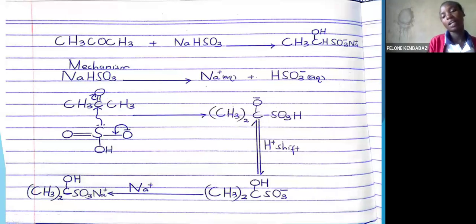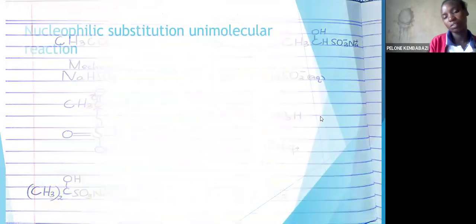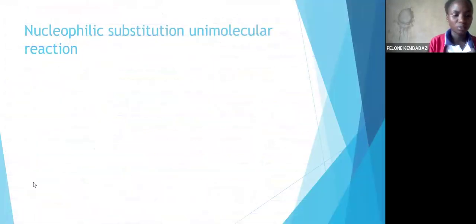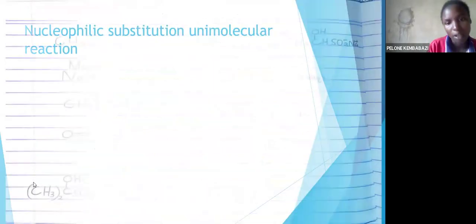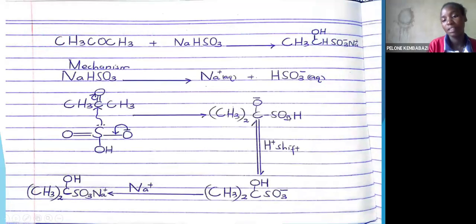Then we shift this hydrogen, which is on the hydrogen sulfide, to this oxygen, so that we form a hydroxyl group, and then we create a negative charge on this sulfide.